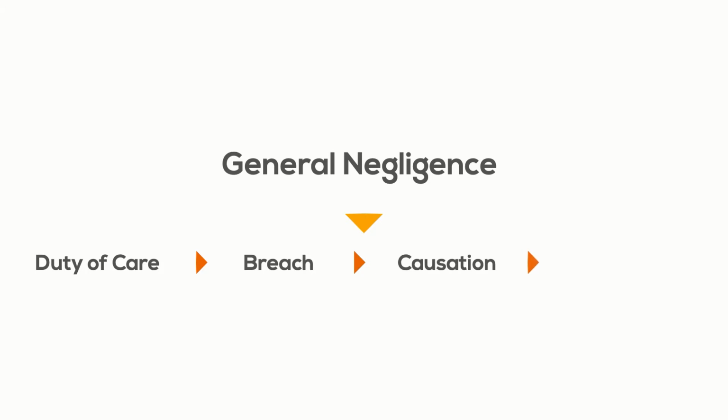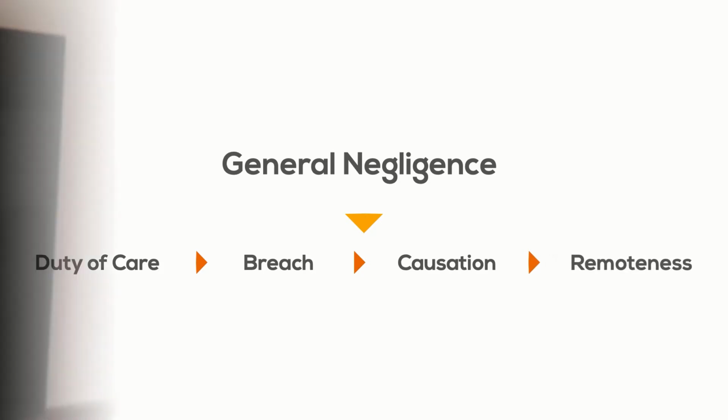Once all of this is fulfilled, we have to also make sure that the injury or the damage or the loss suffered by the claimant was not too remote in the sense that it's unforeseeable by the defendant. These four primary requirements being fulfilled, you have what we call general negligence in relation to the defendant.